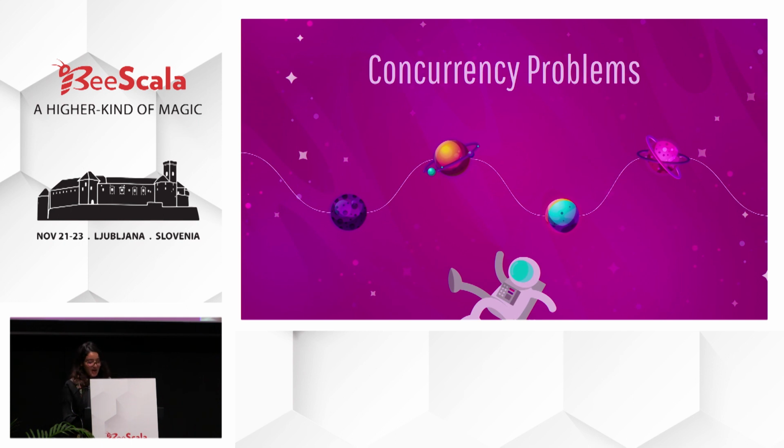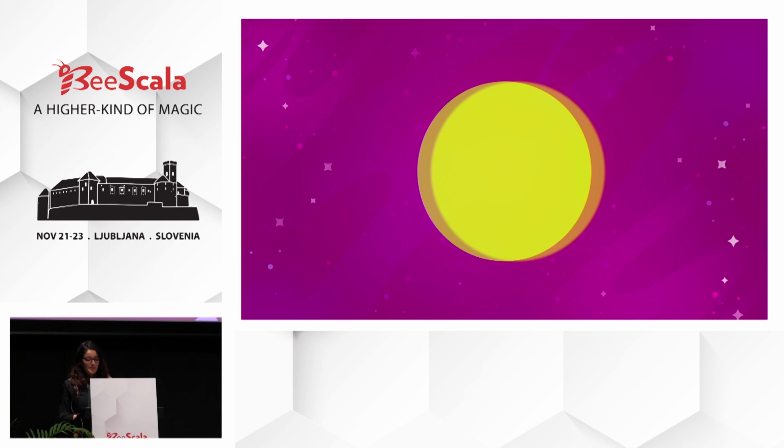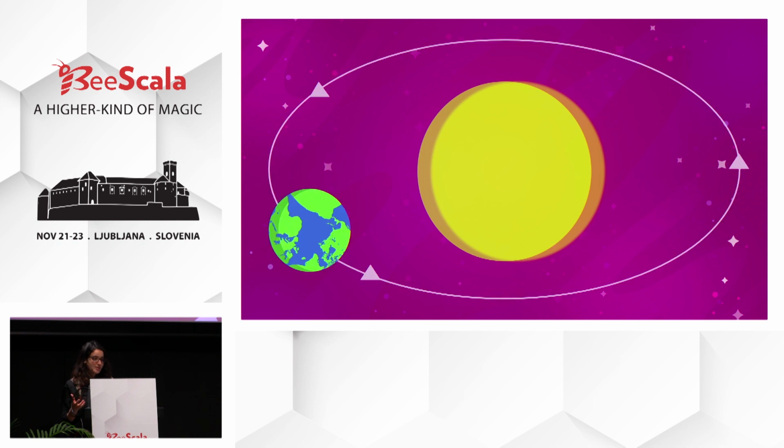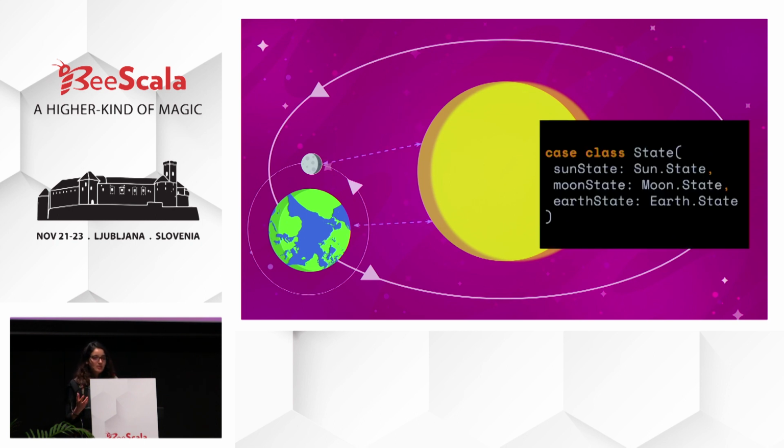So let's see now which kinds of problems we can face with concurrency in the JVM. Imagine we want to build a solar system, and we define the sun as a component running in a future, the Earth running in a separate future, and the moon in another future. Each of them has its own state, but every state will be computed using the other components' states.